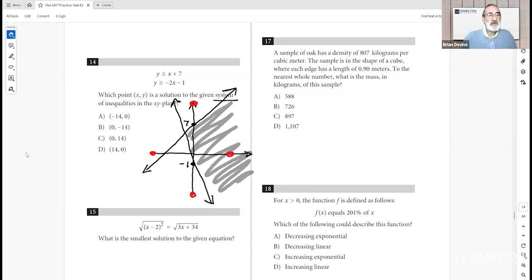But I could have also used what's called the Goldilocks method, or sometimes called plug and chug, where I just plug these in, y and x, and see which one works. I find that the first 3 don't work, and the only one that does is D. But visualizing it, I think, is the best way to look at it, because it's going to be within a space, and so the picture tells the story. So D is your correct answer.